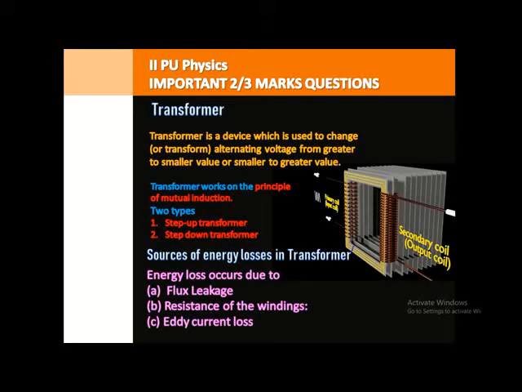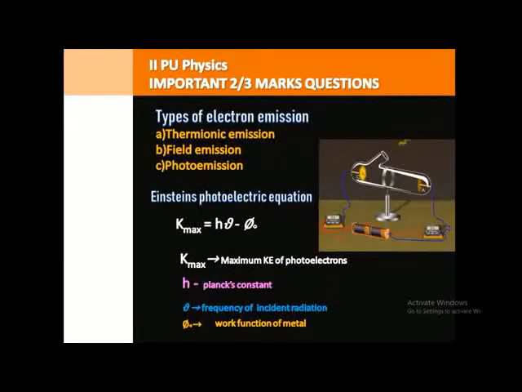Then asking what are the sources of energy losses in a transformer? The energy loss occurs in a transformer due to one, flux leakage, another is resistance of winding, copper loss, or eddy current loss. They are the sources of energy losses in a transformer.